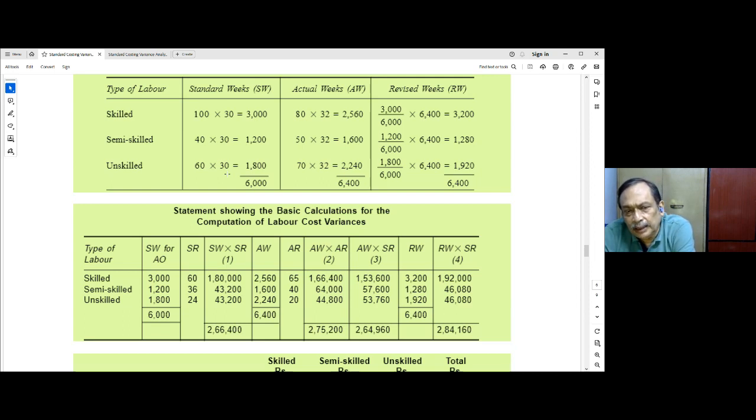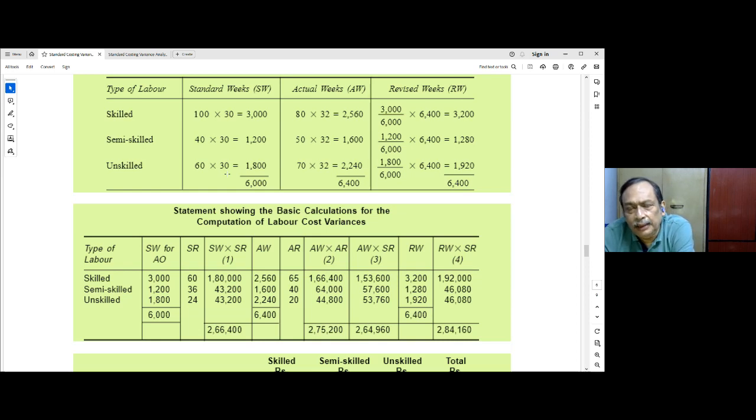Then SW into SR, let it be 1, that is 1,80,000. Semi-skilled 43,200 and unskilled also 43,200. So total comes to 2,66,400.